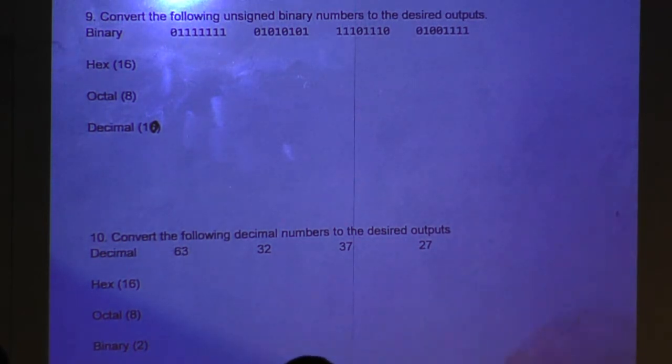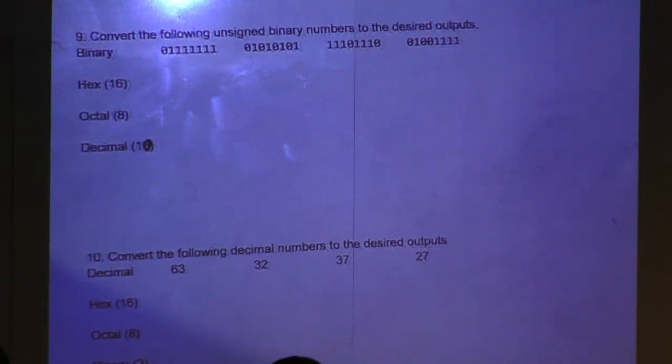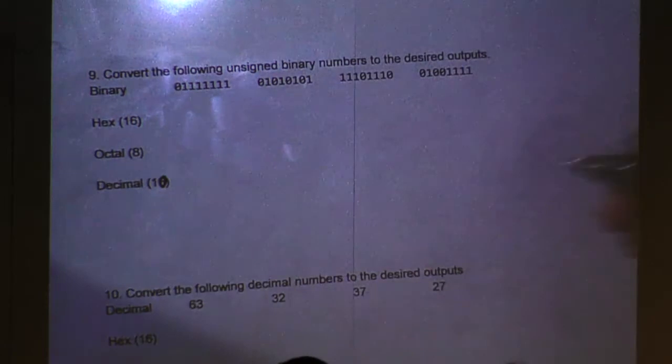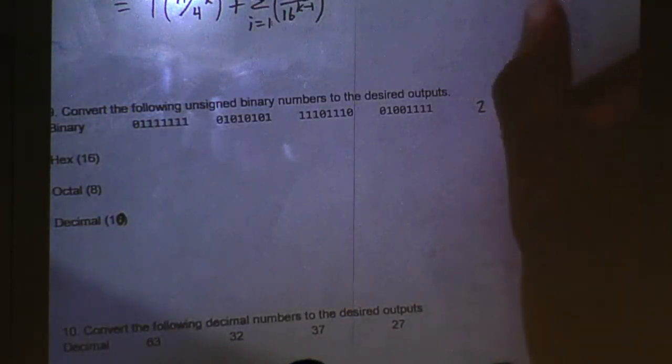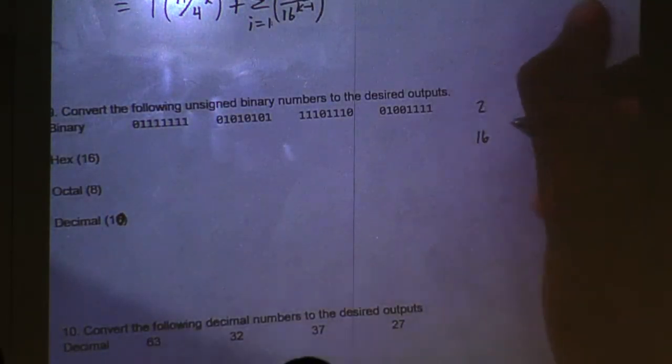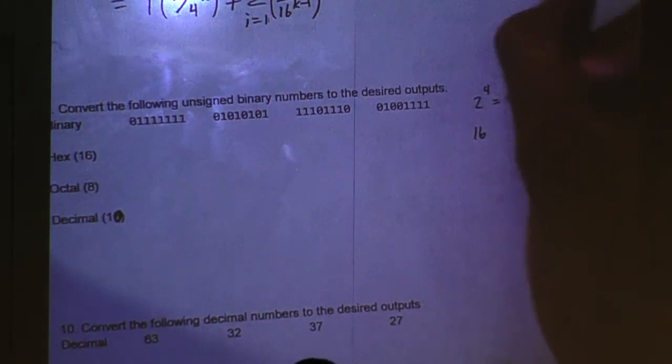Okay, so I'm going to start going over these. For hexadecimal and octal, those are the more simple ones because you just separate each set of binary numbers. Binary is base 2 and hex is base 16, and 2 to the 4 is going to give you 16.